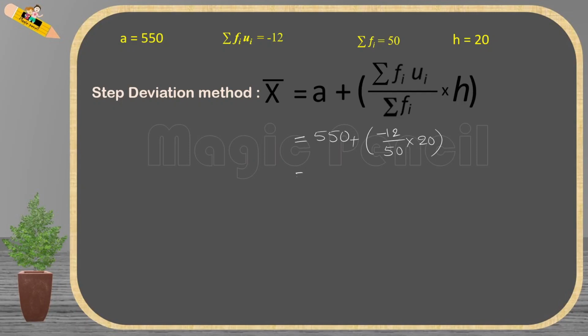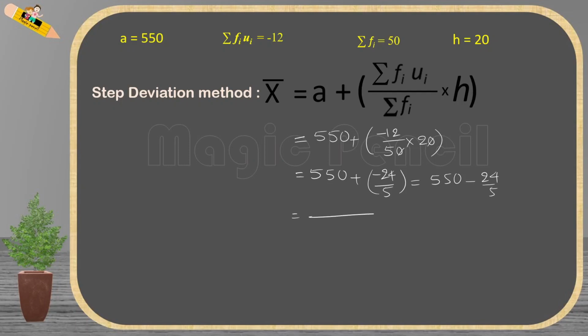Now if you simplify further, 550 plus 0, 0 cancel, so what is left? Minus 12 into 2, so that will give us minus 24 by 5 here in the bracket. And if you remove bracket, plus into minus is minus, so 550 minus 24 by 5.